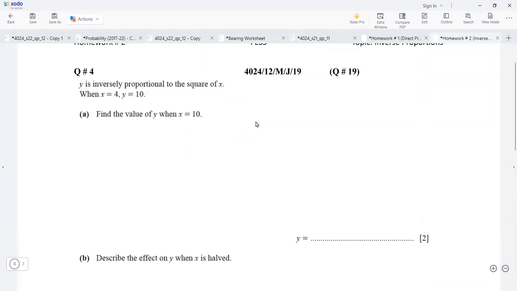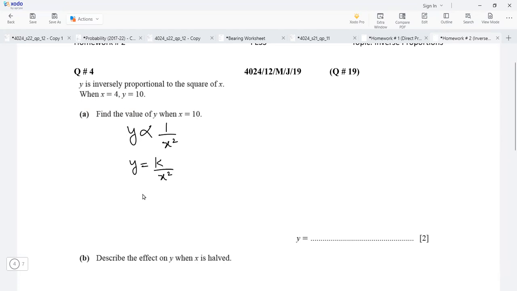Like this, yes. If y is inversely proportional to the square of x, actually I'm going to solve for part b. So for part b, we need to find the answer for part a, then we can go ahead to part b. So y is inversely proportional to the square of x, so it is basically 1 over x squared. And when x is 4, y is 10, replace that proportionality sign with equals and constant k.